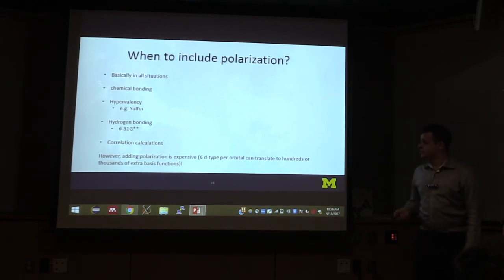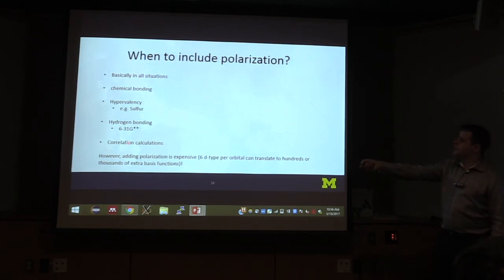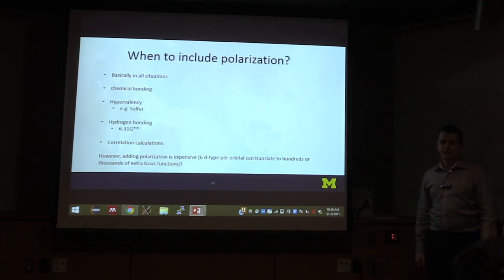I include the double star when I'm working with hydrogen bonding because I want extra polarization on my hydrogen atoms. You also want to include polarization in correlated calculations such as CISD, CCSD. However, adding polarization is expensive because you're adding a bunch of basis functions, which can translate to hundreds or thousands of extra basis functions, depending on the size of your system.